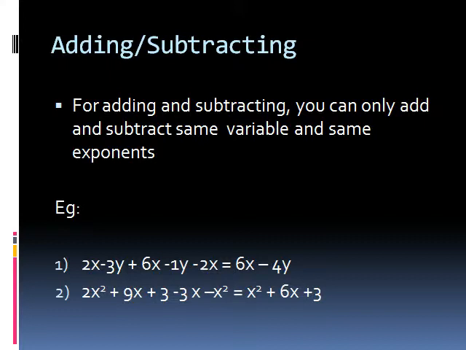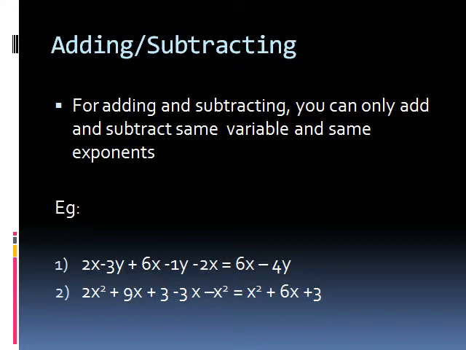Now if you look at example 2, you would have 2x squared plus 9x plus 3 minus 3x minus x squared. In this case, you can only reorganize this in terms of x squared, x, and no x. You cannot combine the values of x squared and x at the same time.